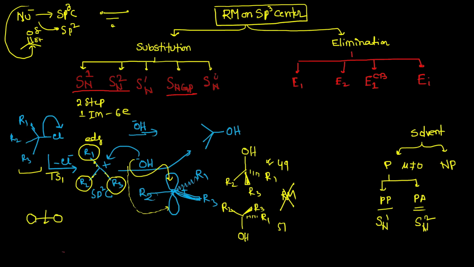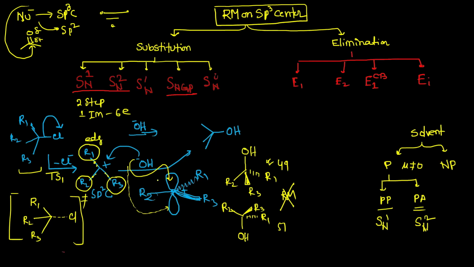So the first transition state will look like R1, R2, R3, Cl. So this will be our first transition state, and it is written like this in square brackets with this sign. Okay, this indicates it is highly energized. This is very much unstable.